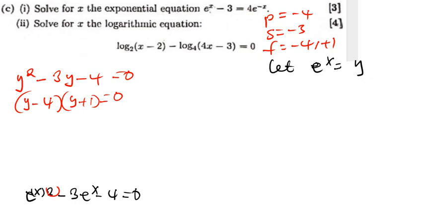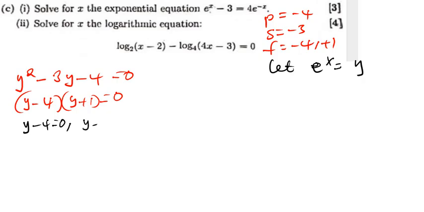Then y minus 4 is equal to 0 and y plus 1 is equal to 0. So y is equal to 4 and y is equal to negative 1. Remember, we let e raised to the power x be equal to y, so when y is 4, what will be the value of x?